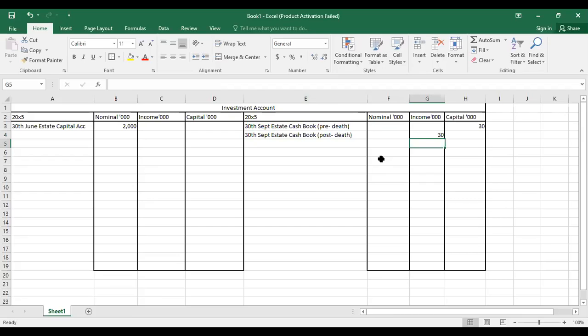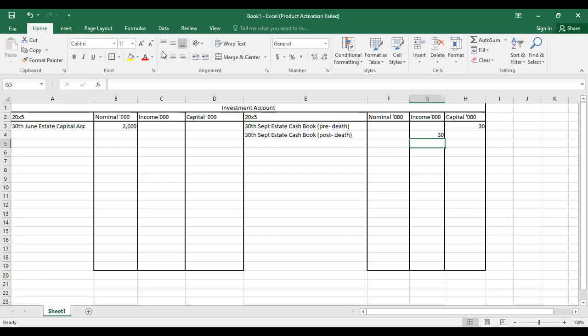So the only other entry that is remaining, we've said that this book is normally closed. So the amount apportioned to capital should be transferred out to the investment account to maintain now this account as the probate value. So we are going to credit the estate capital account with the 30 to close this book. Are we together?